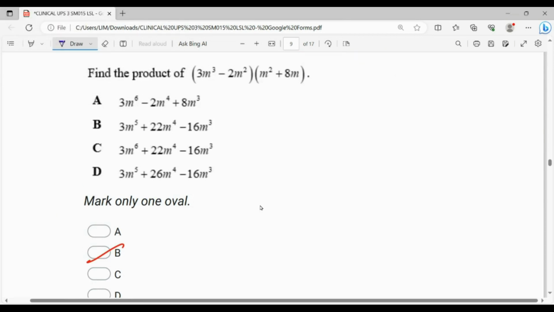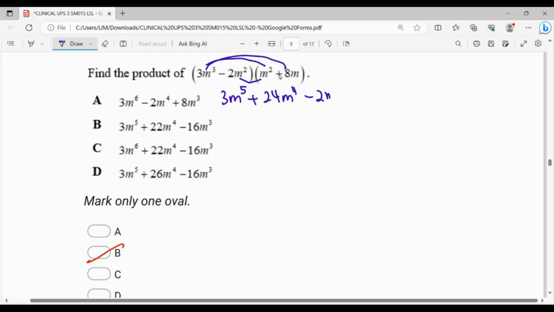Next, we're going to find the product of this multiplication. So we expand 3m. When you have multiplication of m cubed with m squared, the powers will add up to 5. Then times this number, 3 times 8. Then m4. Continue with another term.